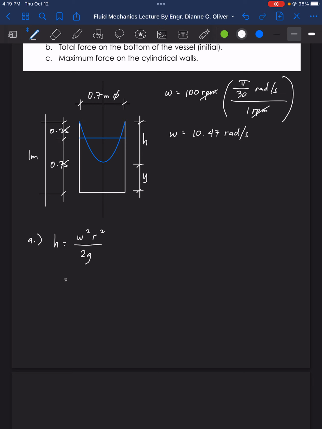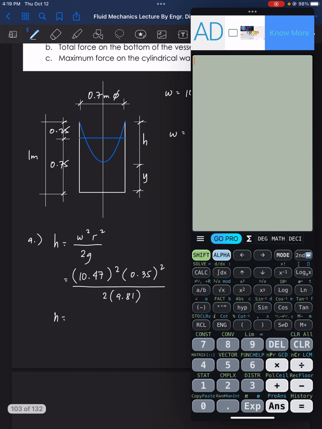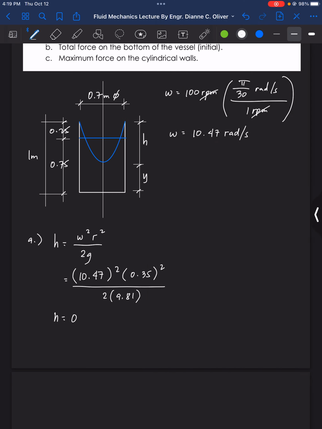So H is equal to 10.47 squared, the radius is 0.35 squared, divided by 2 times 9.81. So H now is equal to 9.85 squared over 2 times 9.81, 0.68. H is 0.68 meter.